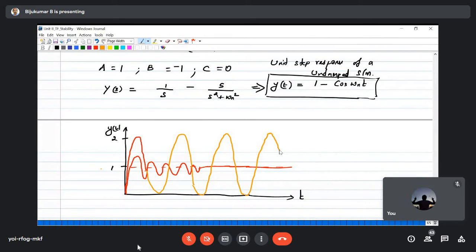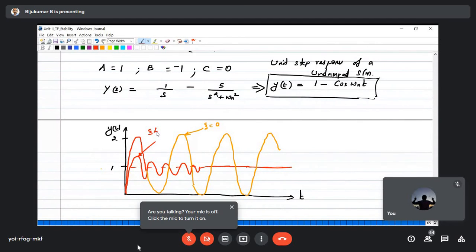It will never settle. This is for zeta equal to 0, and the first one was for zeta is this one. This one, zeta is less than 1, right?